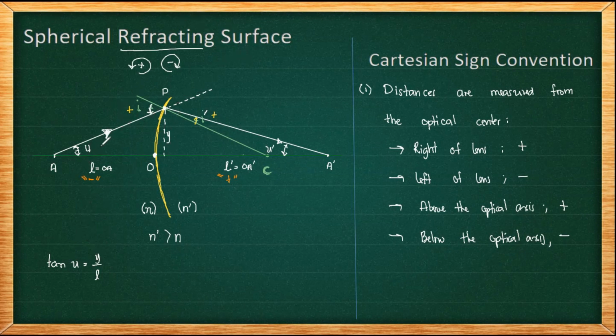So the sign for the angle here is negative. And for u prime, you have a positive y here, and l prime is positive, so u prime is just positive. Now, looking at this image, we only have two negative values, u and L. Okay, so these are the only two negative values that we have.